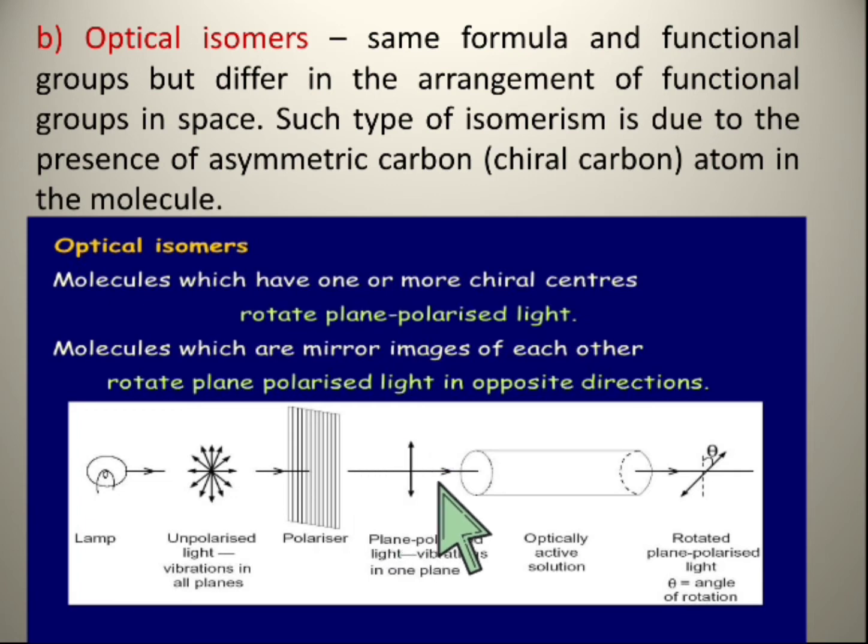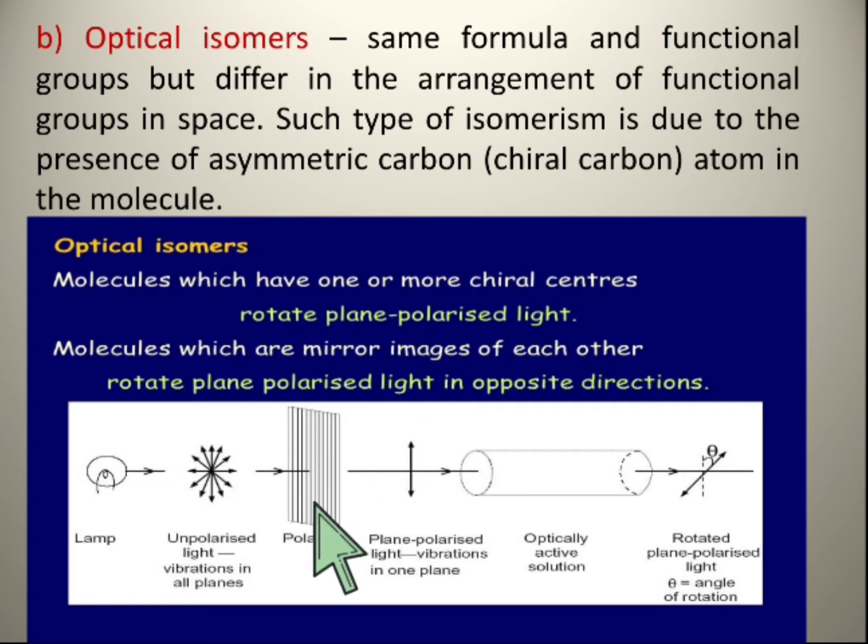So those substances which can rotate the plane polarized light in either a clockwise or anti-clockwise direction exist as two isomers known as enantiomers, and these enantiomers are non-superimposable mirror images of each other. Okay, so these two isomers are mirror images of each other.